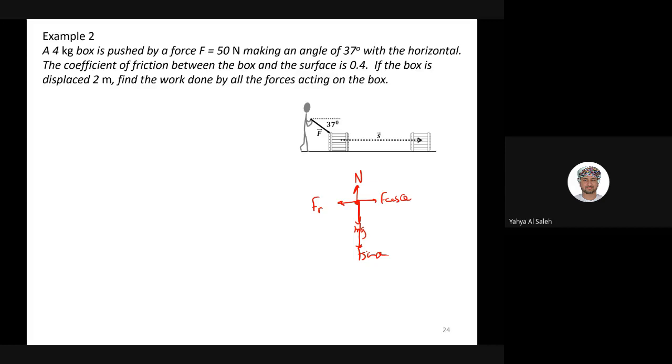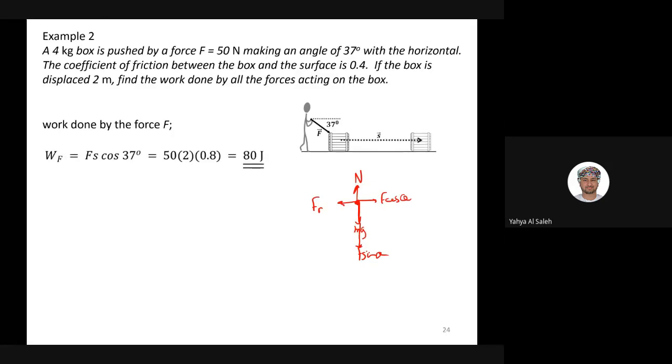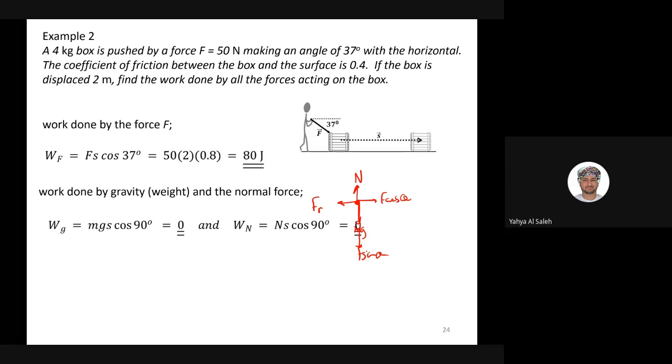Okay. So to start with, we can tell immediately that the normal force, mg and F sine theta are at 90 degrees, which means they do no work. That leaves us with friction and F cosine theta. Now the work done by the force is 50 newtons times cosine 37 times the distance, which is 2 meters. That's 80 joules.